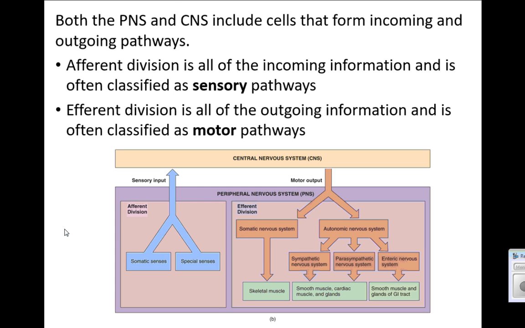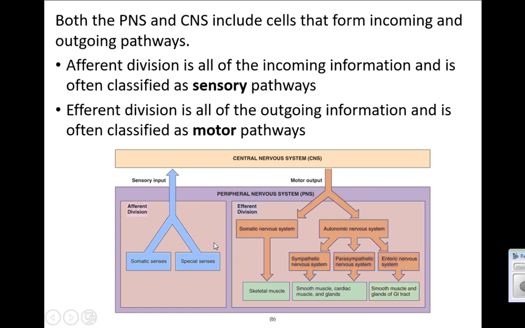The afferent division is always incoming information. The other name for afferent is sensory, which means the signals are going towards the brain or spinal cord, which can either come from somatic senses, special senses. We will talk all about this stuff in the first part of our next unit.